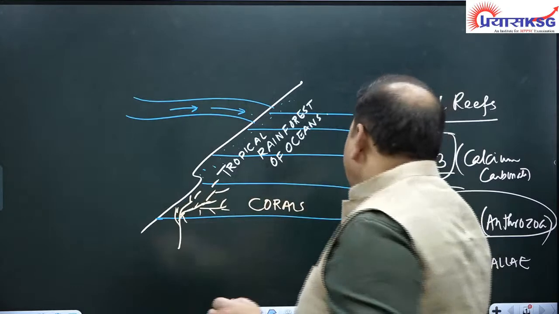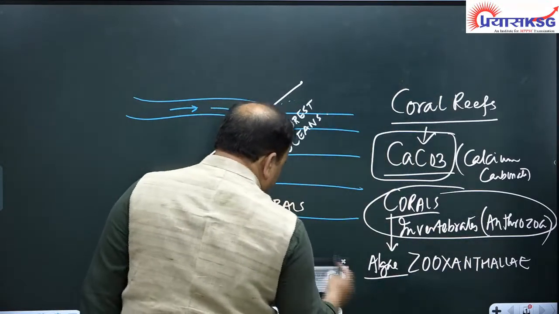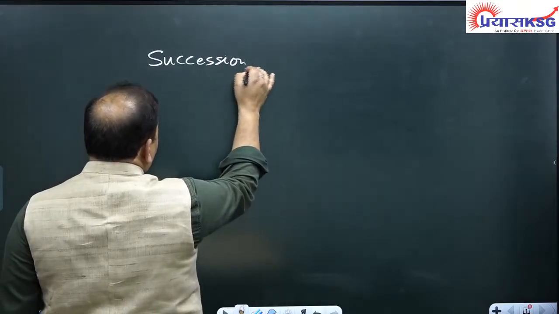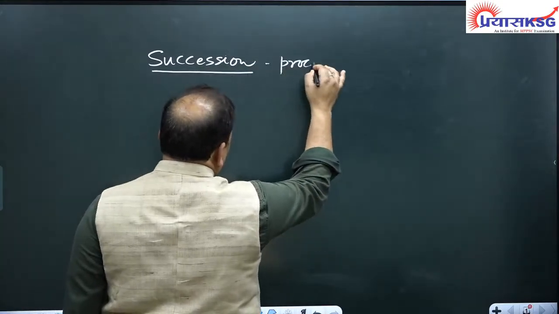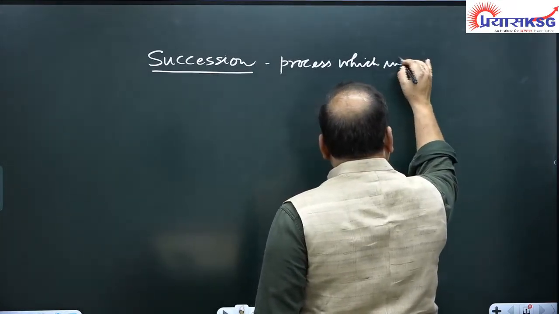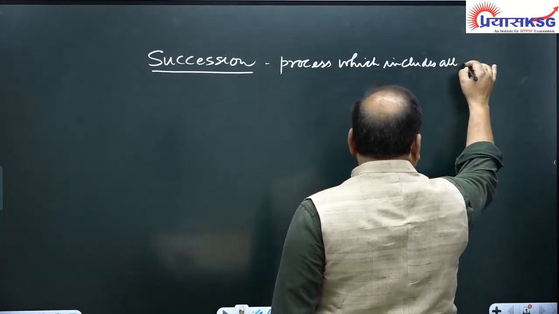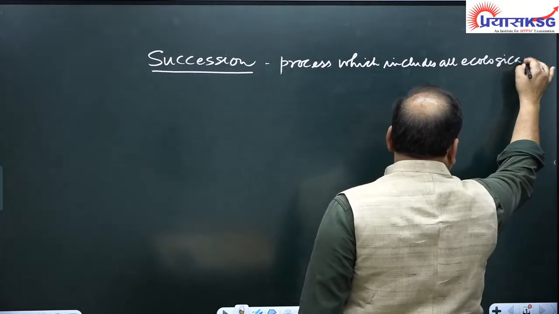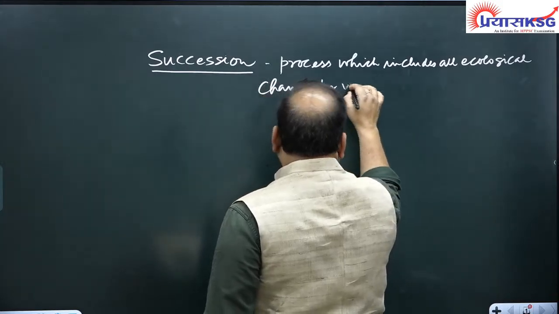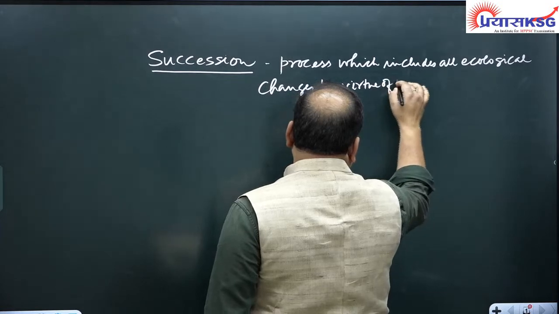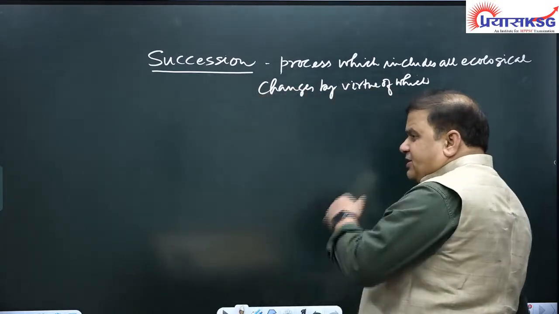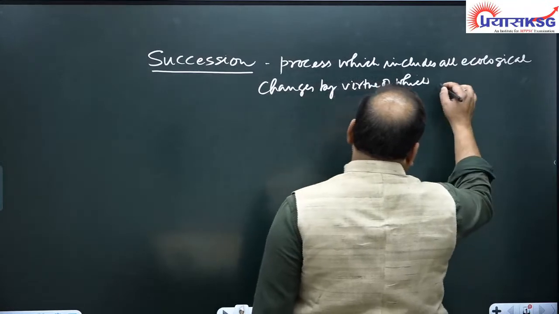Write down. Succession is a process which includes all ecological changes by virtue of which vegetation gets established in an area.